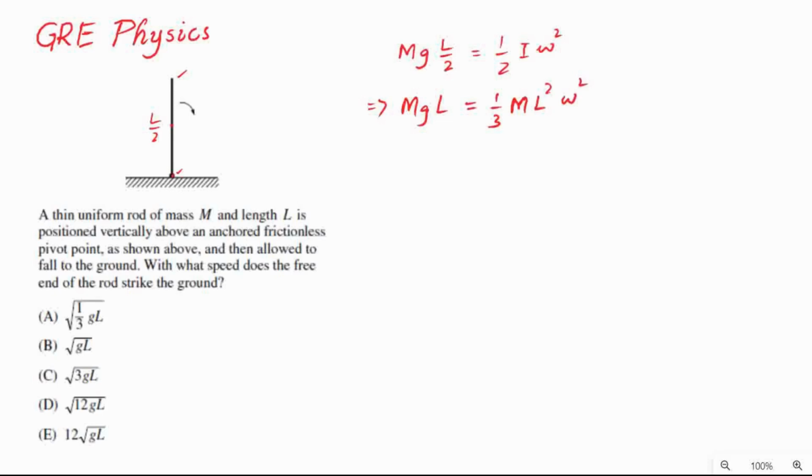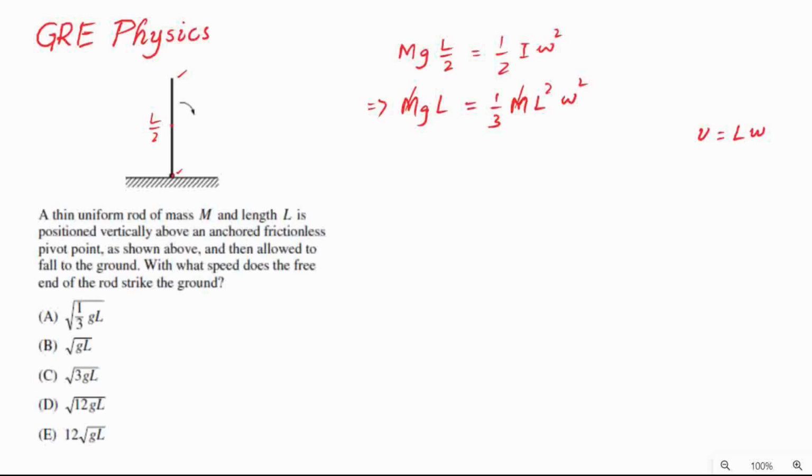You see mass of the rod cancel out on both sides, and I am not cancelling L out on purpose because I know speed of a point at the end of the rod is given by V is equal to length of the rod L times omega, that is the angular velocity of the rod.